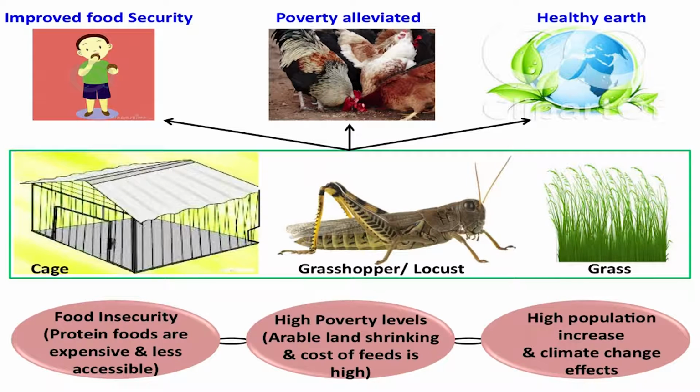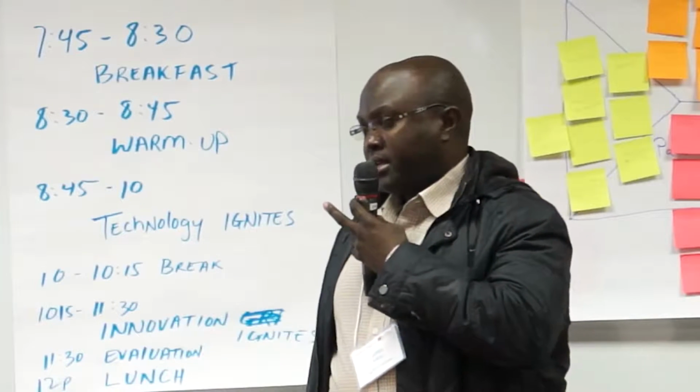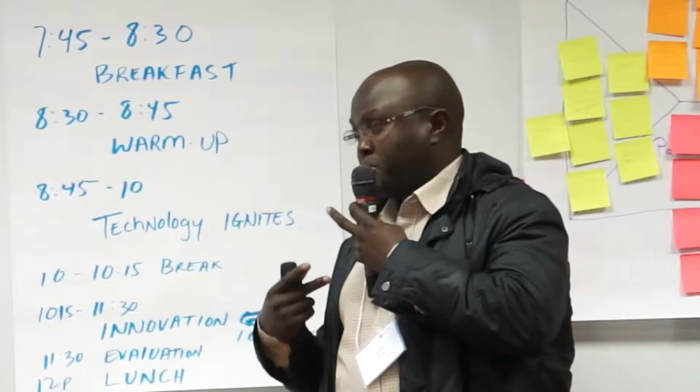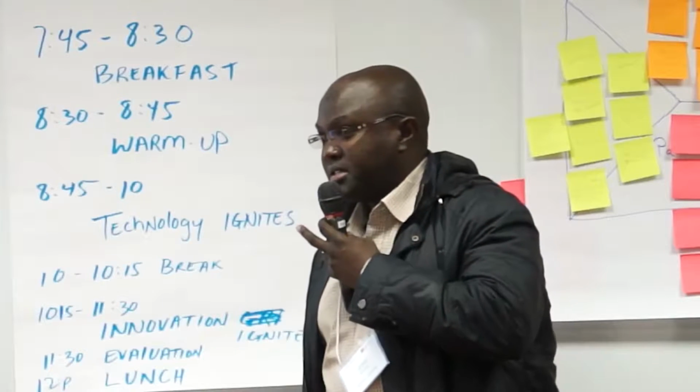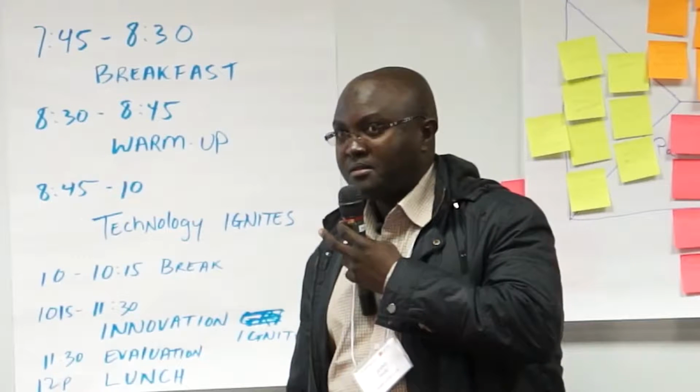Also, with regard to the environment, grasshoppers or locusts have a lower effect on the environment and are less affected by the variables of climate change, so we also intend to build up climate change resilience in Kenya and Africa. Thank you.